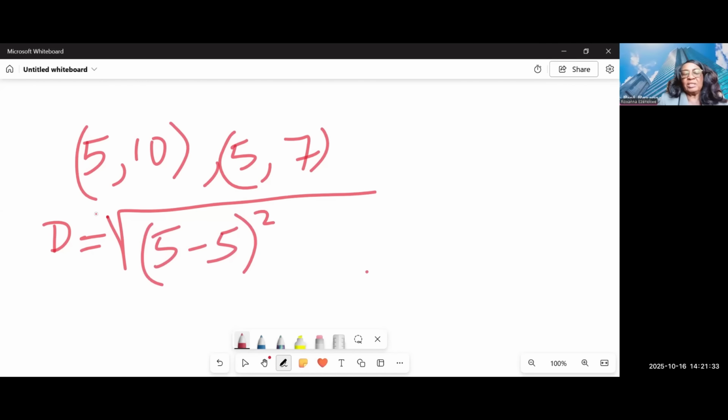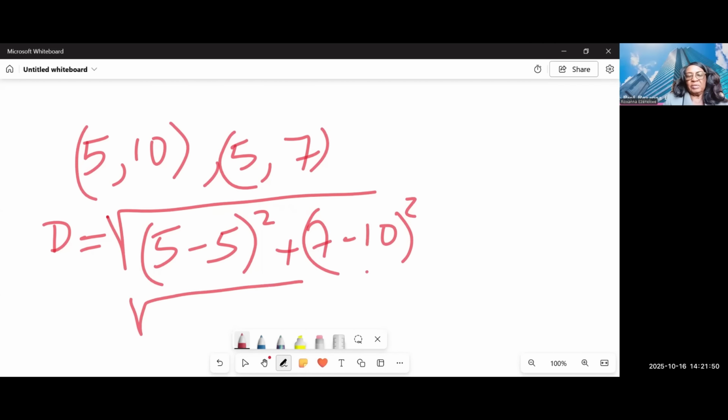Okay. The distance is the square root of x2 minus x1 squared plus y2 minus y1 squared. So this is 0 squared, and 0 squared is 0. And I have a negative 3 squared.